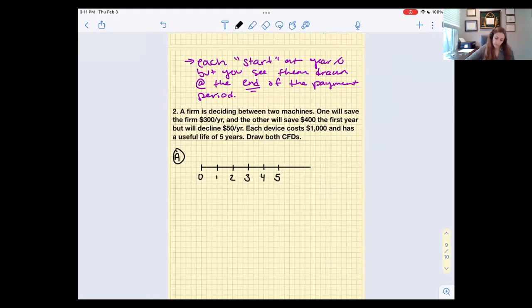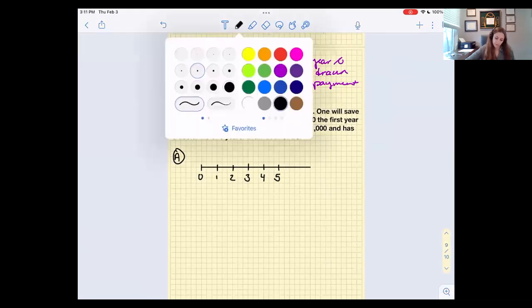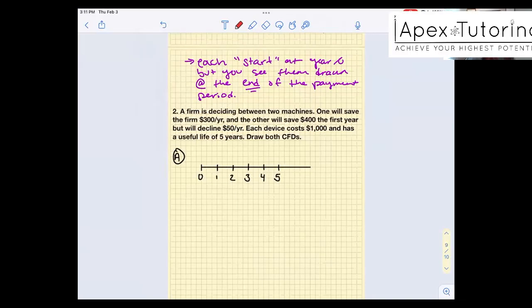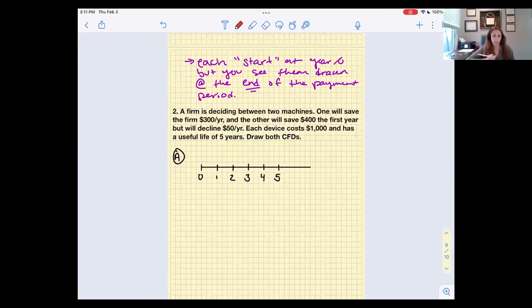The cost of $1,000, where would we draw it and how would we draw it? That's our initial cost. Very good. Down at year 0 because it's an initial cost of $1,000.